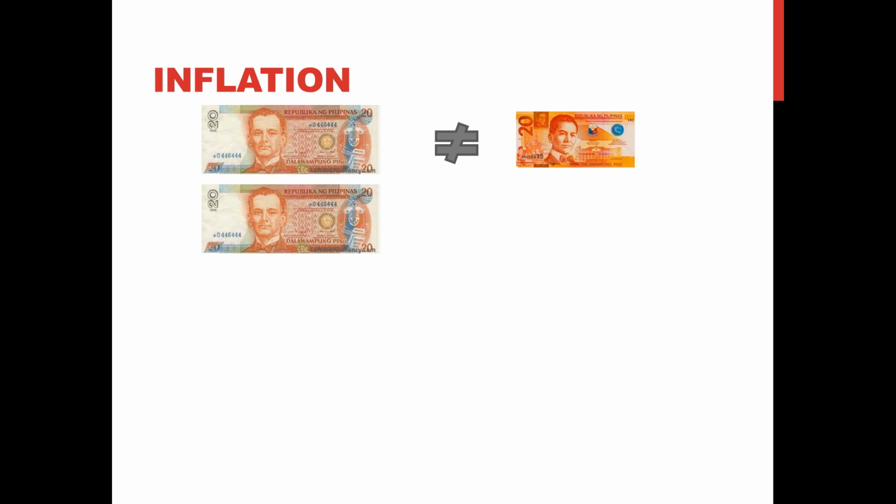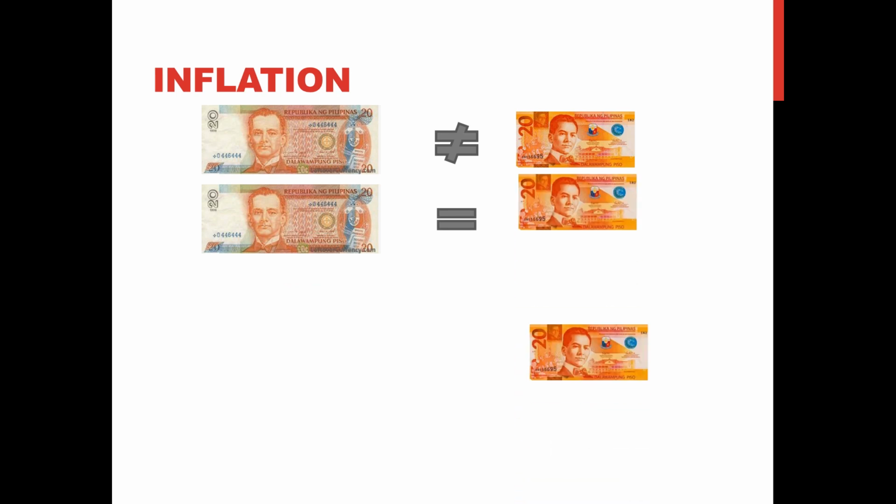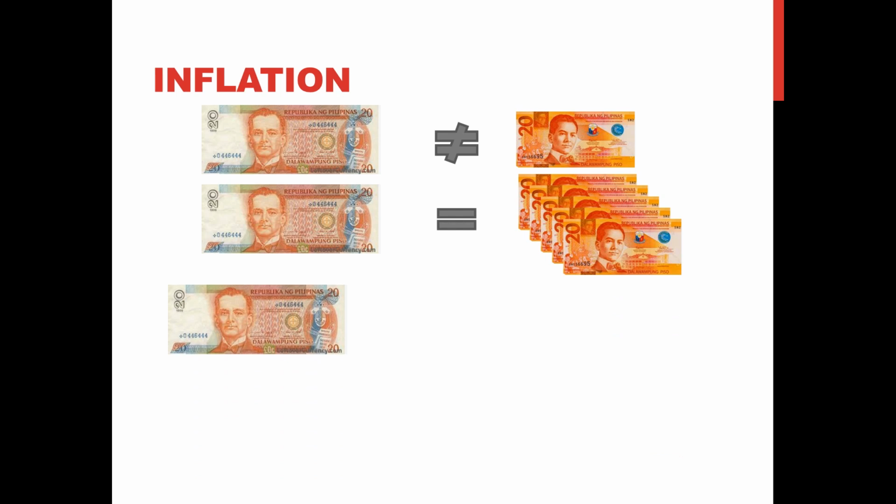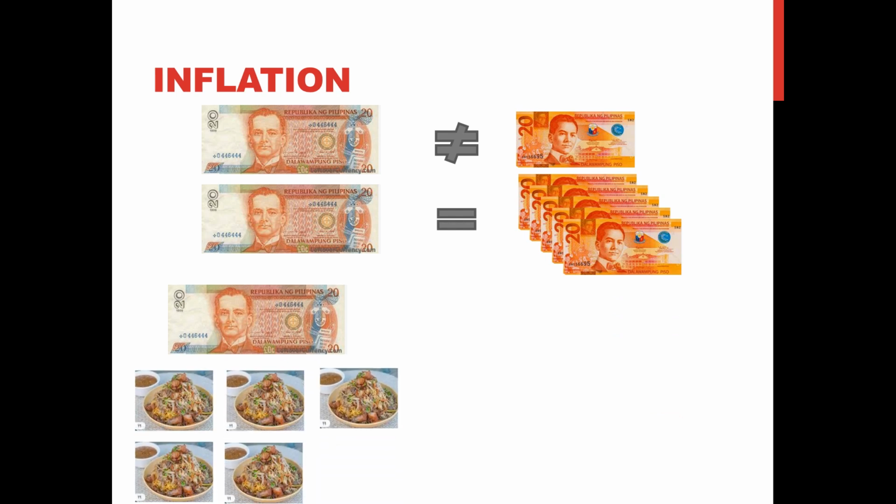The 20 pesos before, or the bill in 2000, would not be equal to the 20 pesos right now. And the 20 pesos before, in year 2000, would equate to five 20 peso bills, and your 20 pesos before can buy 5 pansit batil patong.